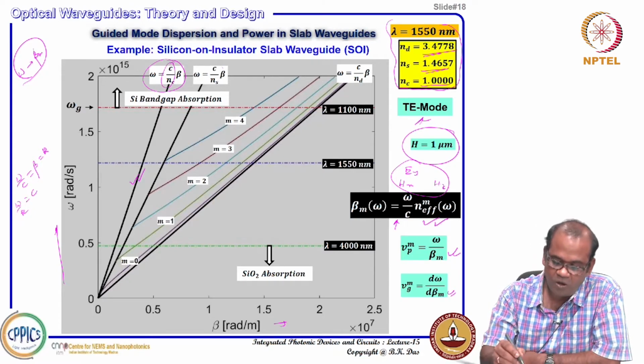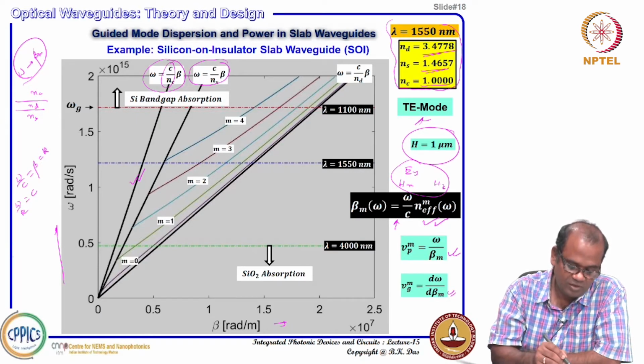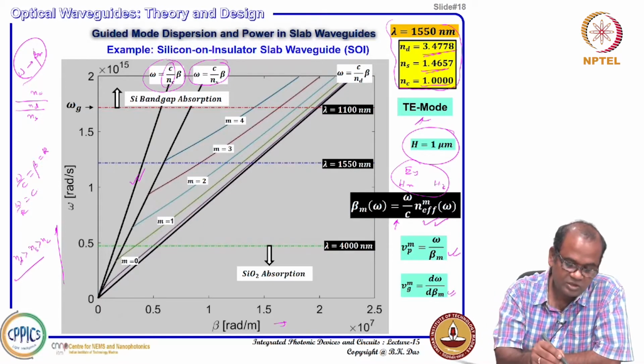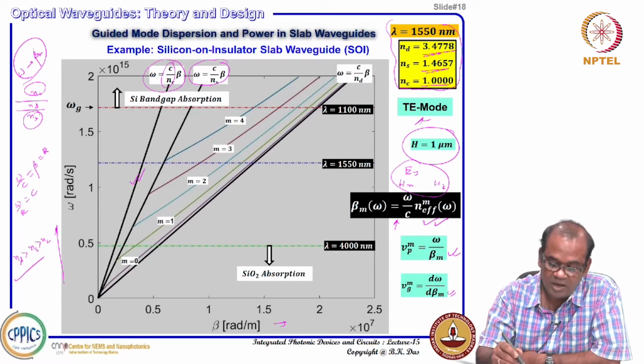Similarly, if you plot omega versus beta in the substrate, you have a device layer Nd, this is your Ns, this is your Nc, and I know that Nd greater than Ns greater than Nc. If you consider instead of the cover a homogeneous medium, silicon dioxide box layer, that is continuous, then you get another straight line.